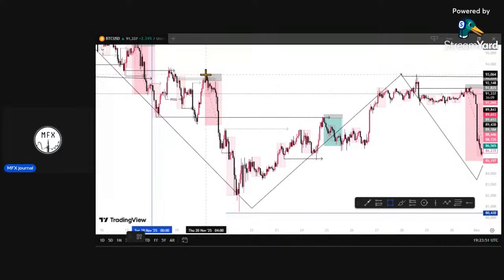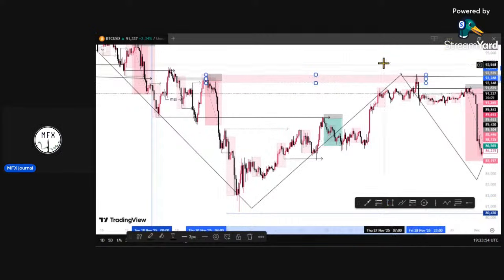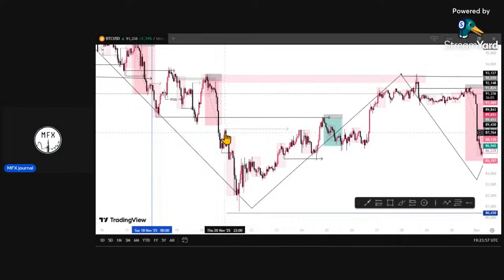For price to move from this low to this high simply means that liquidity lies on this high. Liquidity lies on areas such as old highs, old lows, previous day highs, and previous day lows. All these areas, liquidity lies there.